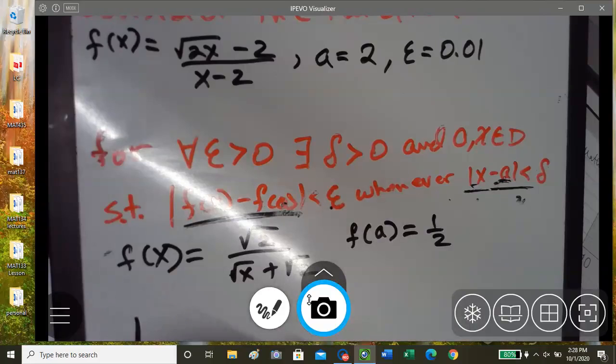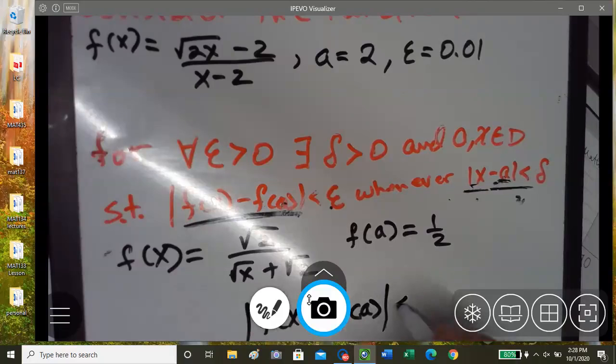So technically with this, the reason why we split it is because with f of x minus f of a, when it's an absolute value like that, it's less than epsilon.